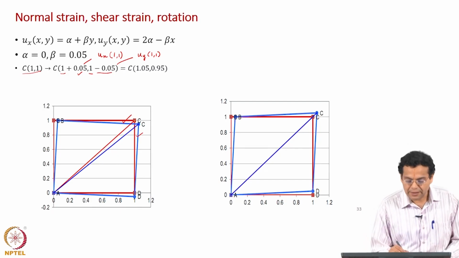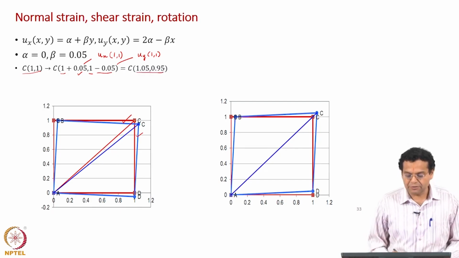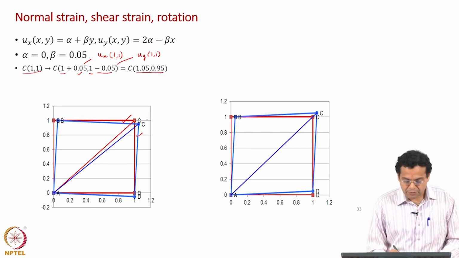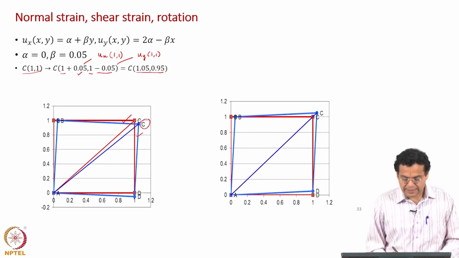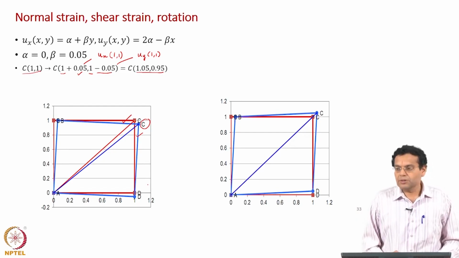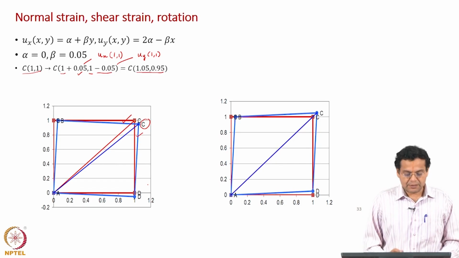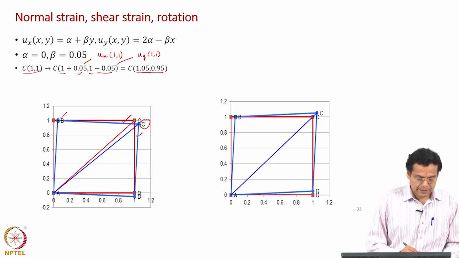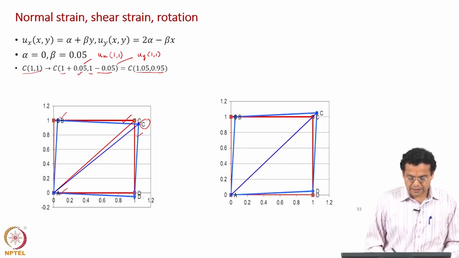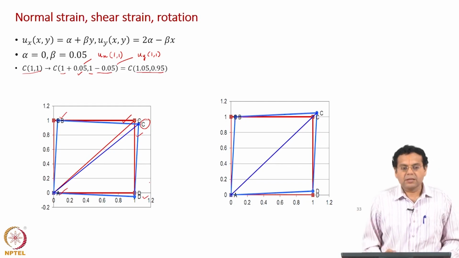So, if you evaluate, the new coordinates are 1.05, 0.95 and that is what is shown here. Look at this, slightly outside of 1 which is 1.05, slightly below 1 which is 0.95, that is how you find the coordinates of C. Similarly, find the coordinates of B, A and D. You can draw the figure in blue, which is the final state.